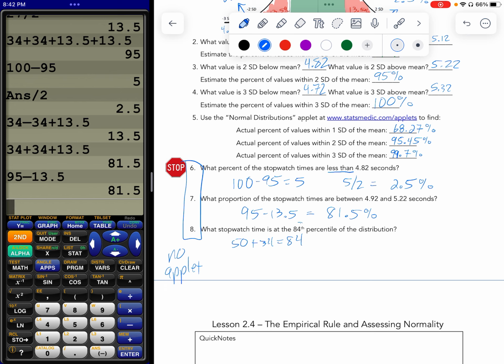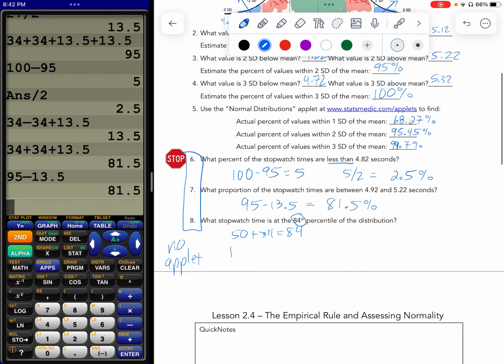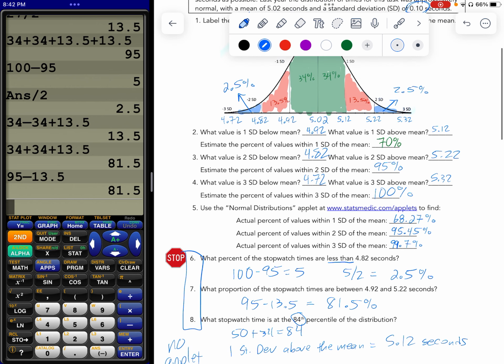And hey, that's what I'm looking for. I want the 84th percentile, okay? So in other words, if I go one standard deviation above the mean, this will be the 84th percentile. And what was that? For our distribution, it was 5.12 seconds right here.